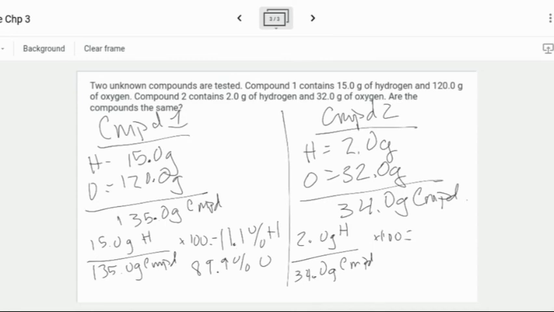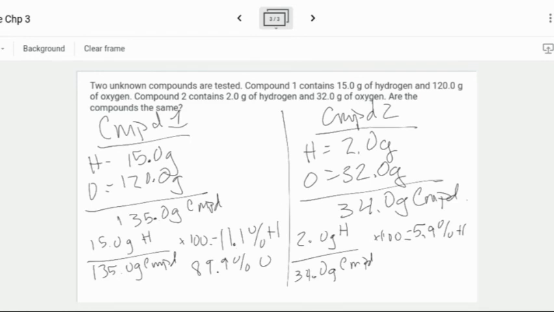And that's going to give me about 5.9% hydrogen.